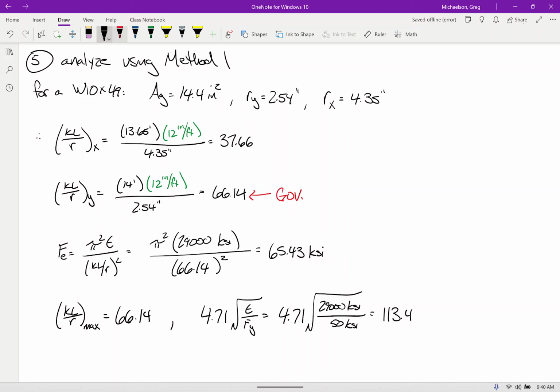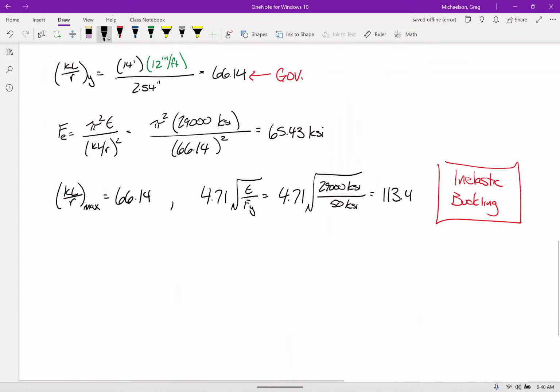So that means that we're in the exponent land. That means we're doing this.